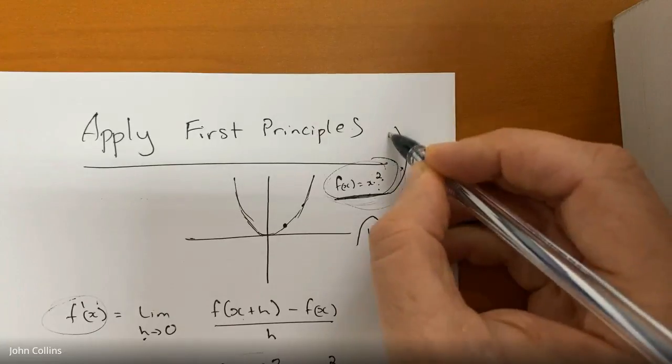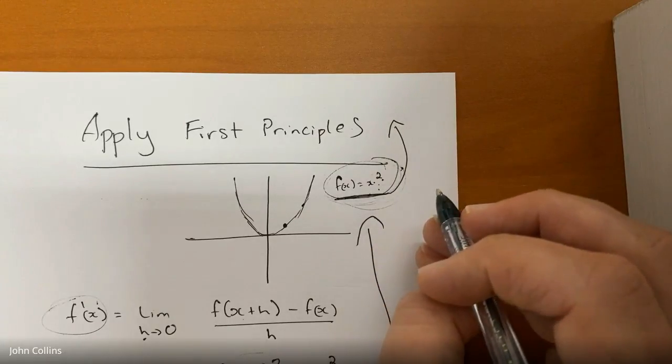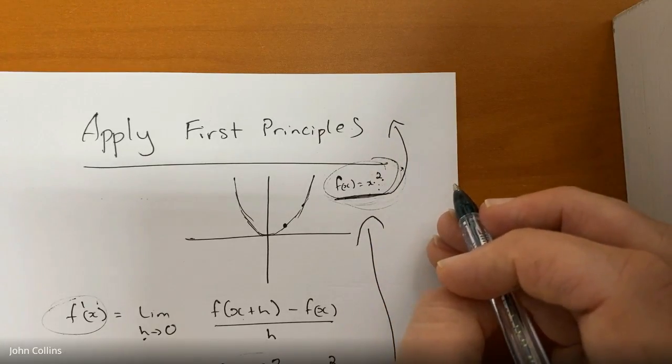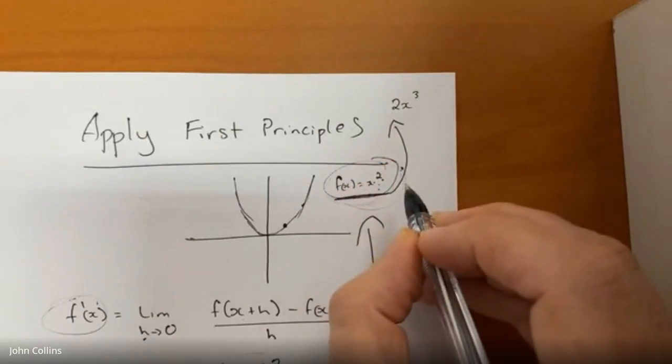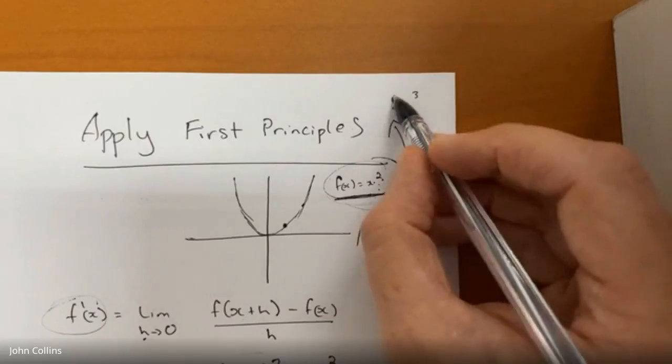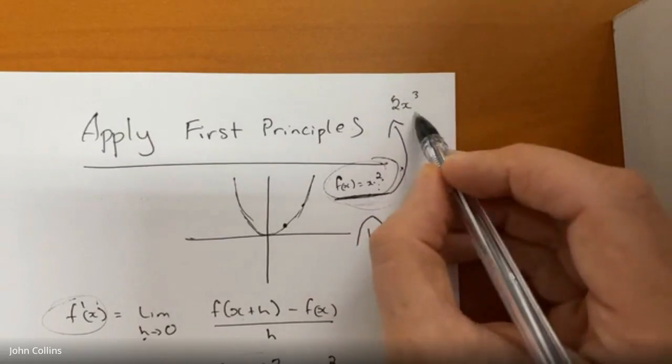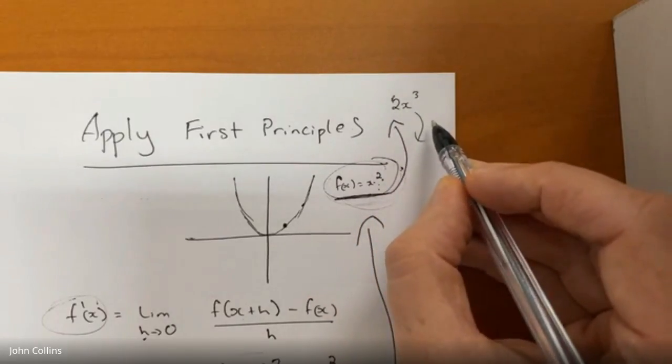Does anyone know what the cubic function would be? It wouldn't be x cubed. It would be 2x cubed. I think 2x cubed? No, it wouldn't be 2x cubed. Well, like x cubed would be 3x squared, right? Yeah, x cubed would be 3x squared, yes, derived by rule.